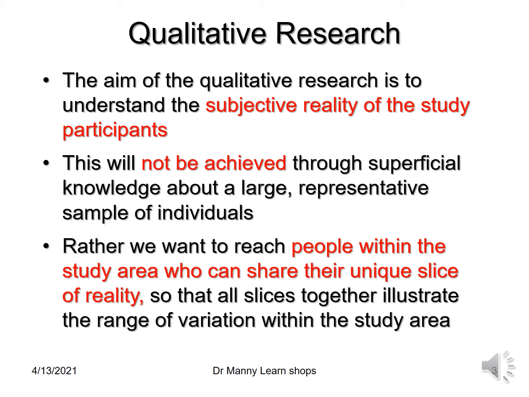Rather, we as qualitative researchers want to reach people within the study area who can share their unique perspectives, their beliefs about what they feel reality is. And it's in this way that all the slices can be put together to illustrate the range of variation within the study area that you're undertaking.